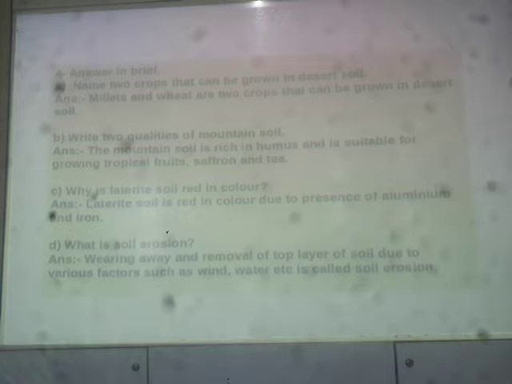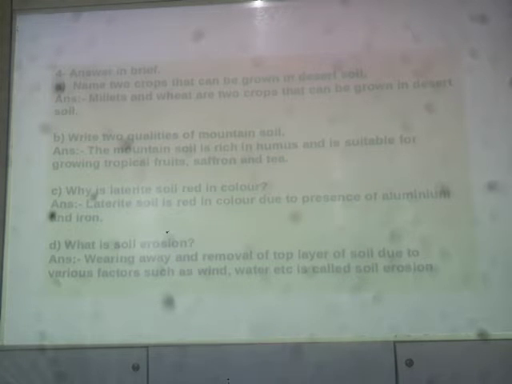In other words, you can also say that the wearing away, removal of the top layer of soil is called soil erosion, and it is removed by various agents, various factors, various materials, right?